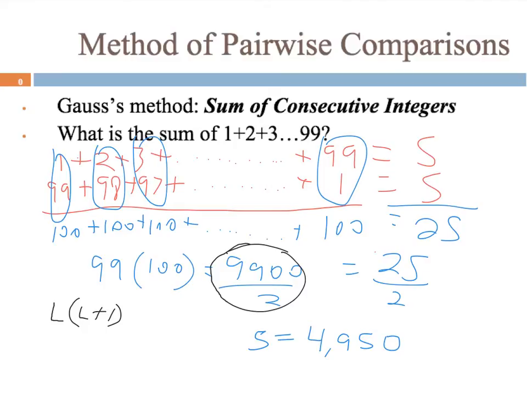So, or if we were to say this divided by 2, this is really what we're looking at. So 99 and 100 is more than 99, so L times L plus 1 divided by 2. That's the formula anytime you want to add up consecutive integers and see what they get to.